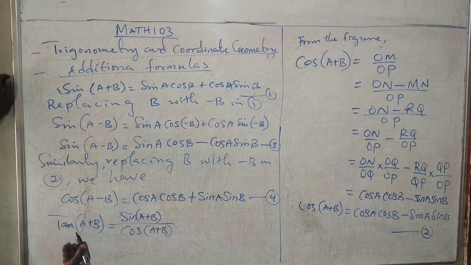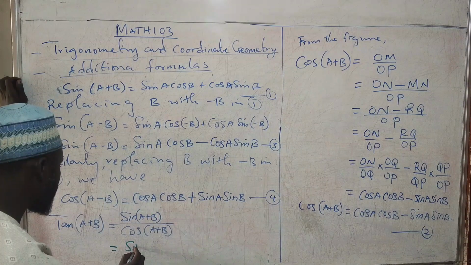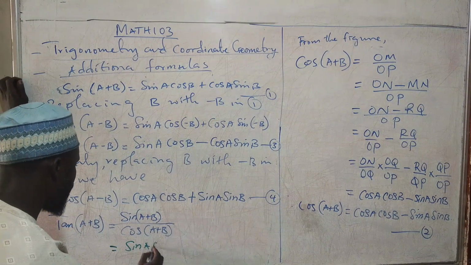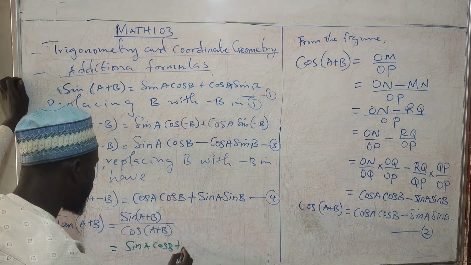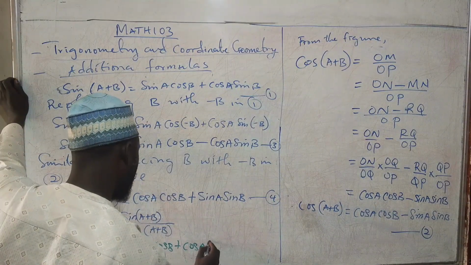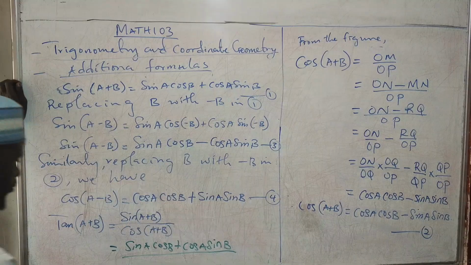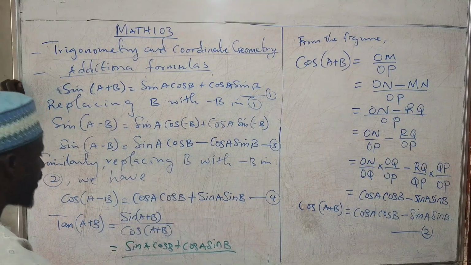But you have your sine A plus B and cos A plus B there from equation 1 and equation 2. So what is sine A plus B? This is equal to sine A cos B plus cos A sine B over, what is cos A plus B?